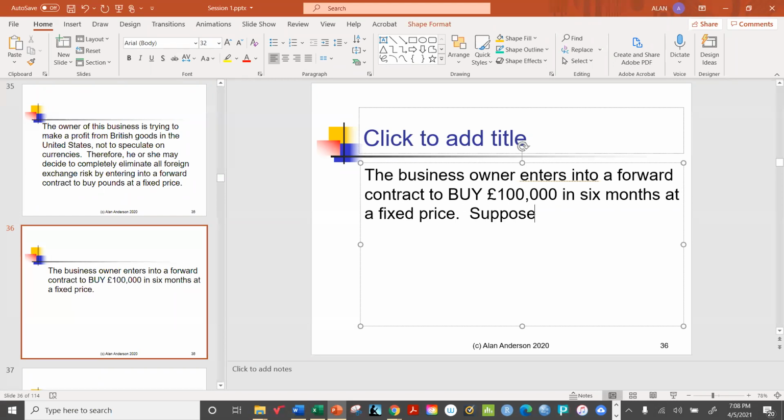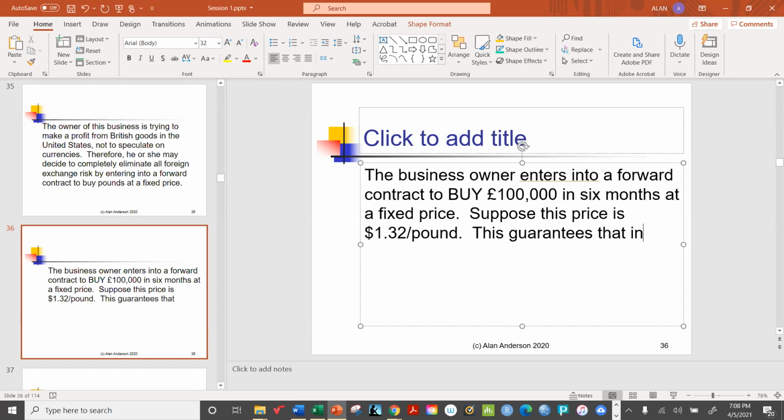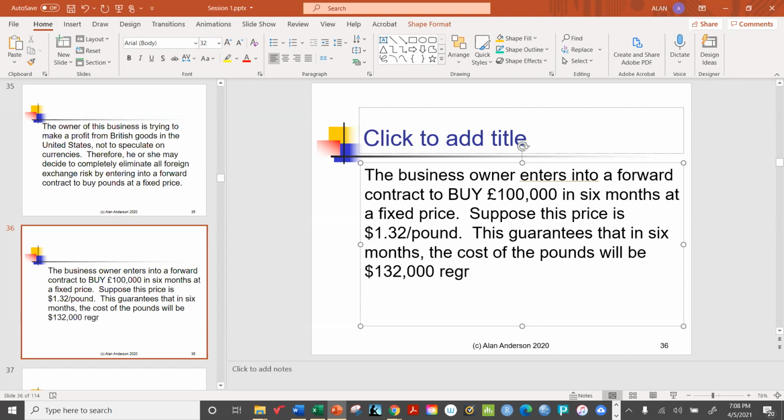Suppose this price is $1.32 per pound. This guarantees that in 6 months, the cost of the pounds will be $132,000, regardless of the exchange rate at that time.